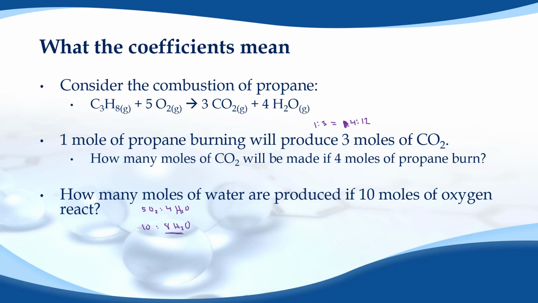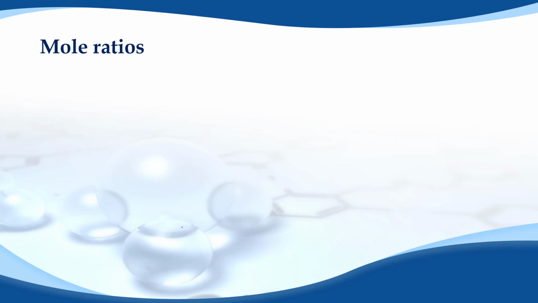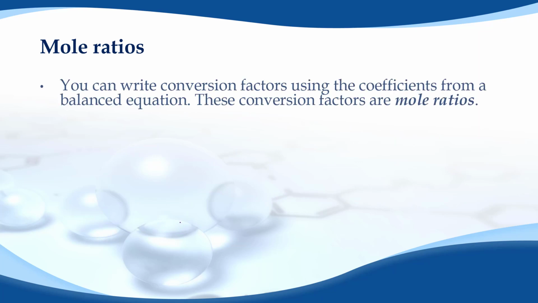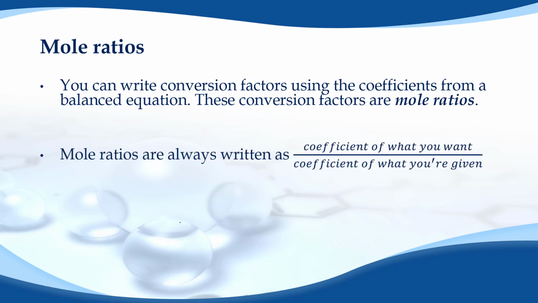Speaking of the conversion, the type of conversion that we call this ratio is we call it a mole ratio. Right, so the mole ratio is just a conversion factor written from the coefficients of a balanced equation. And the way that you always write them is you always write it as what you want on the top and what you're given on the bottom.